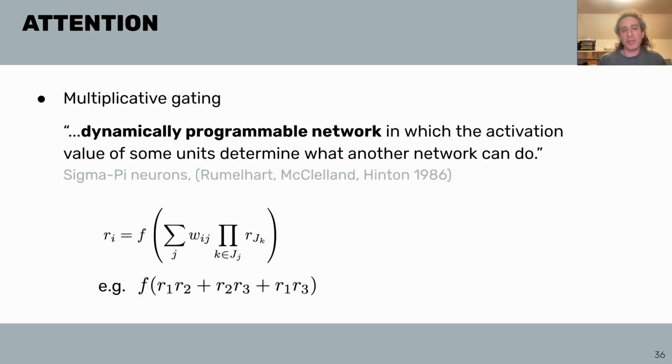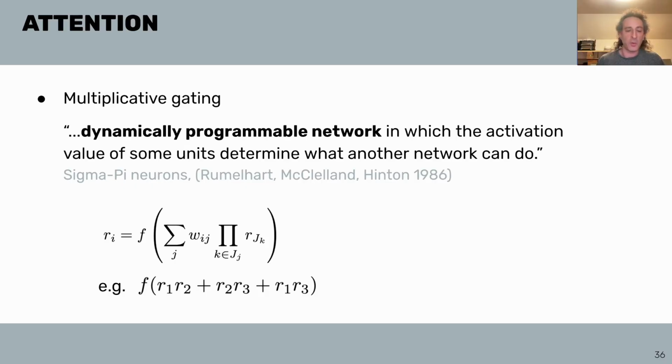This idea of multiplicative gating has been considered in artificial networks for a long time, since the parallel distributed processing book in '86. They proposed, in addition to their regular neurons, what they called sigma pi neurons. The sigma stands for sum, and the pi stands for product. The idea is that instead of taking a function of a weighted sum of the inputs, you take a weighted sum of products.